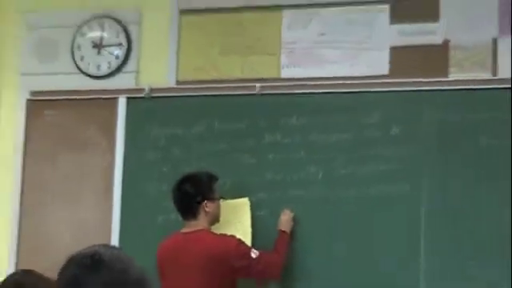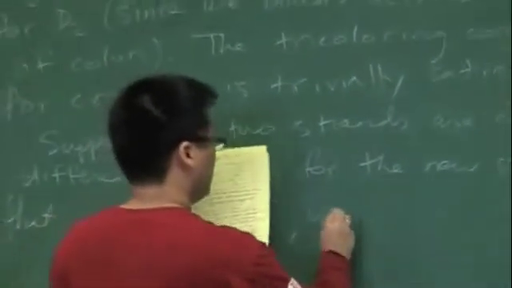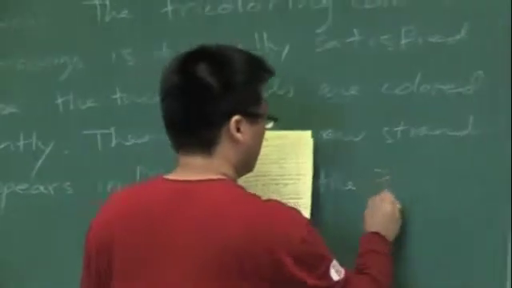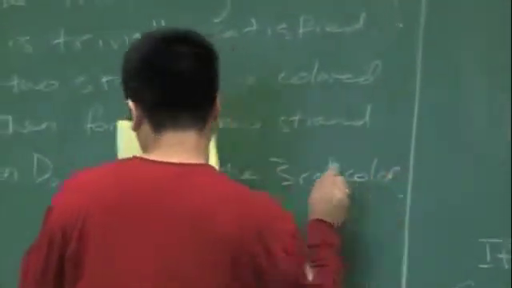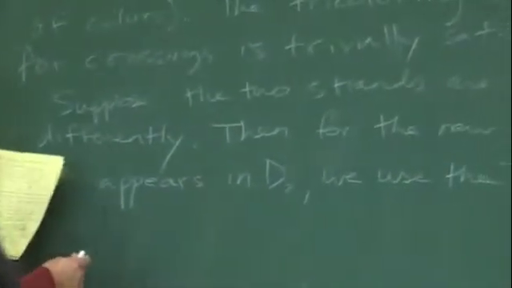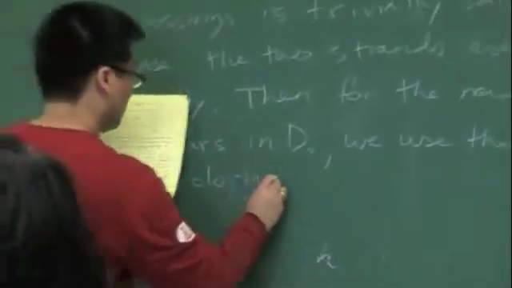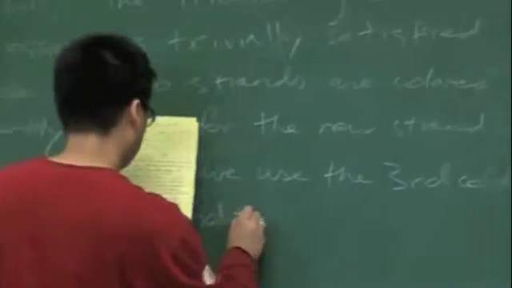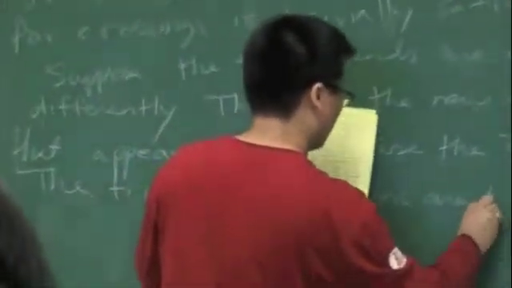Then for the new strand that appears in D2, we use the third color. And then the tricoloring conditions are obviously satisfied.